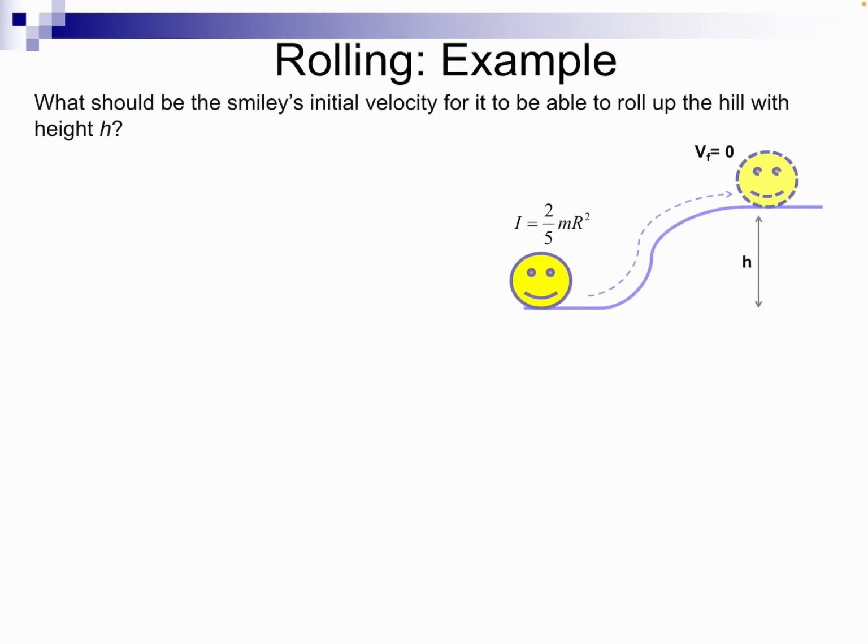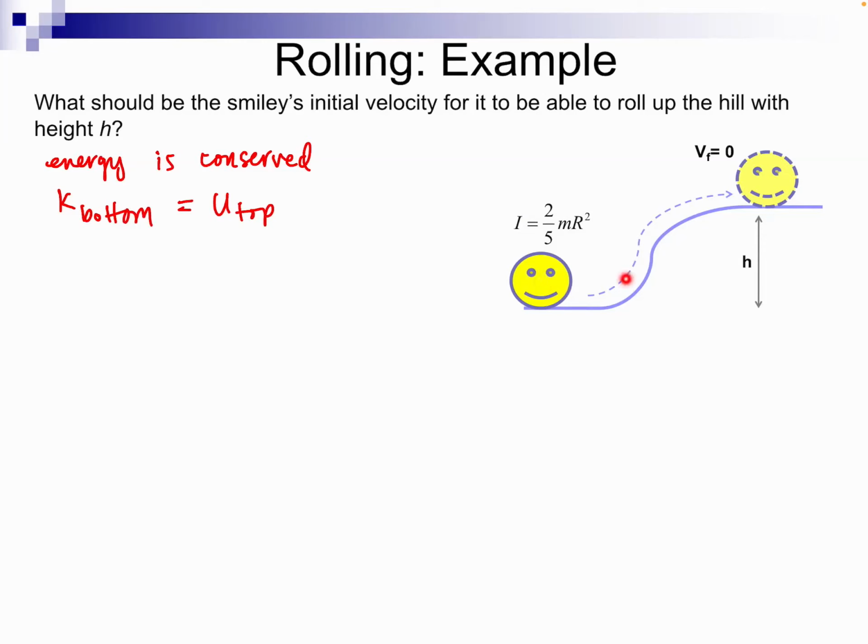Right, so that's the answer there, but let's look at how we get that answer. So same question, just written here, but we know that energy is conserved. So the kinetic energy at the bottom should be transformed to the potential energy at the top.